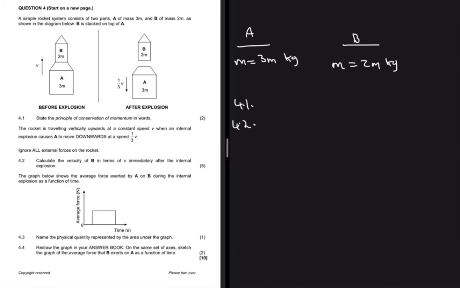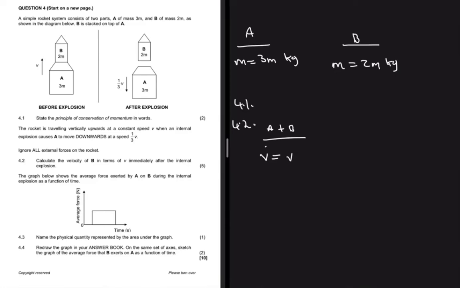And then 4.2 says the rocket is traveling vertically upward at a constant speed v. So let me write that down. A, when it's with B, their velocity is v, I'm sorry.